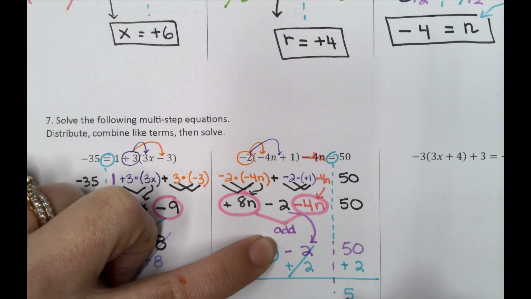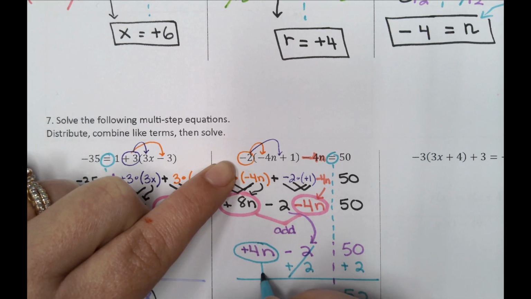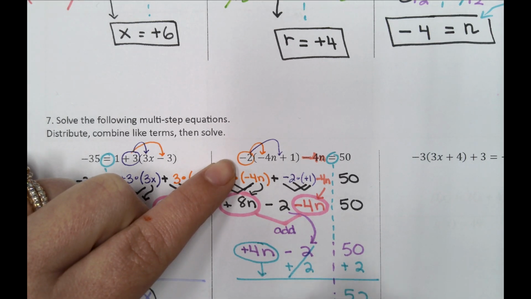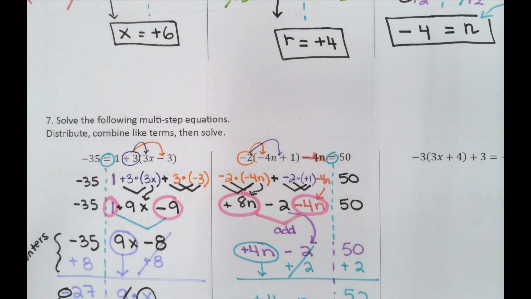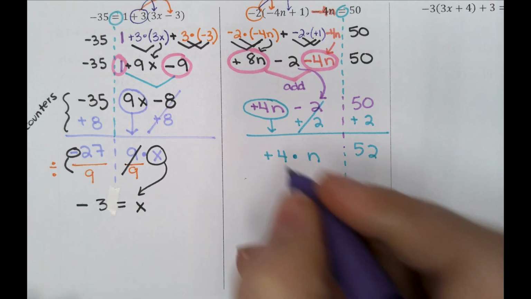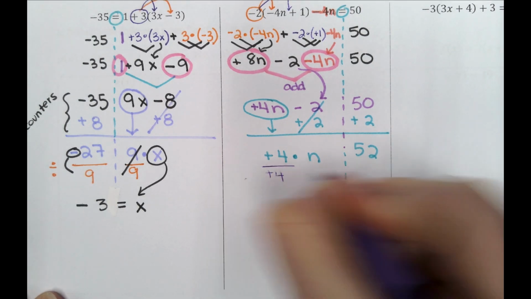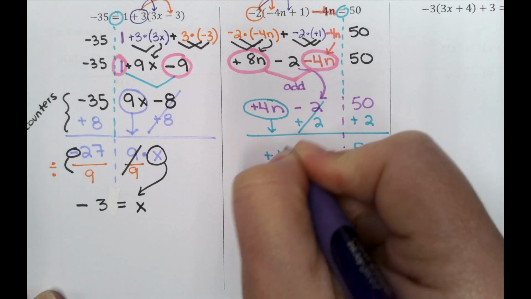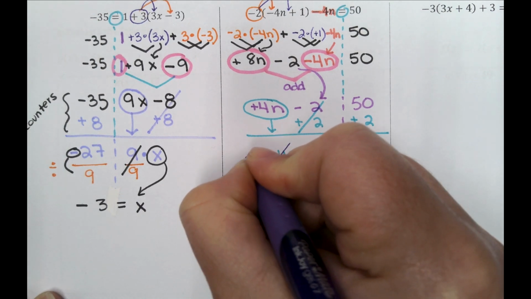When I do that, I get 52 on this side, dotted line here. Bring that down. We remove the negative 2, and we have positive 4. You can do positive. You can remove that positive. It's up to you. And an N. We're going to now remove 4 by dividing by a positive 4 on both sides. Again, one side is to remove, the other side is to divide.